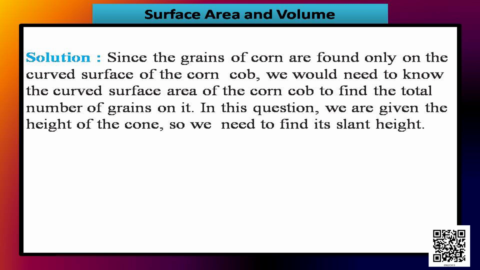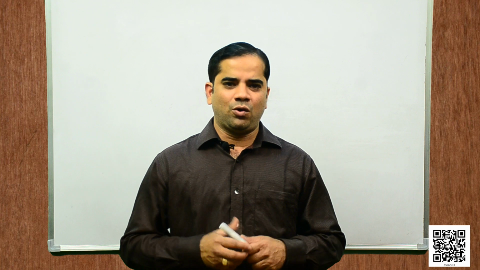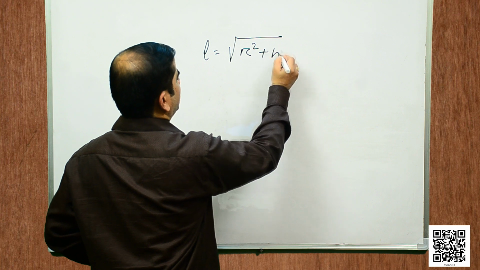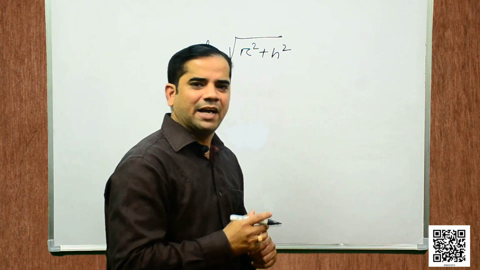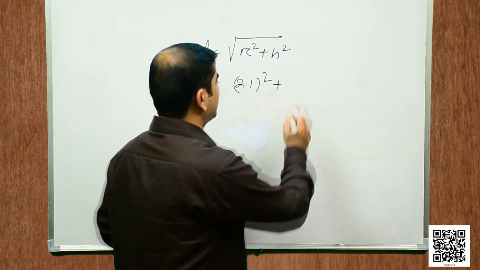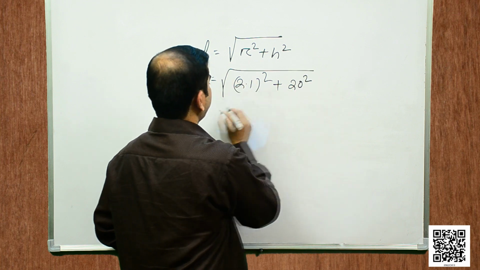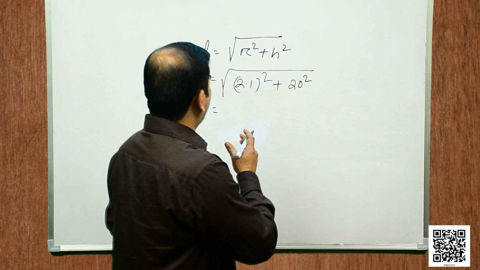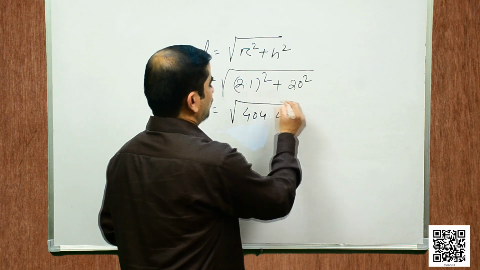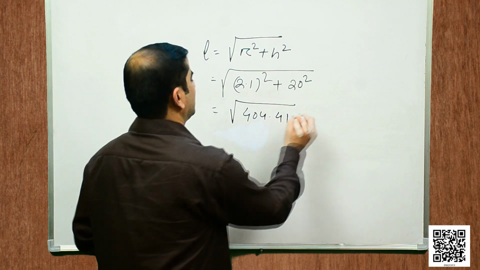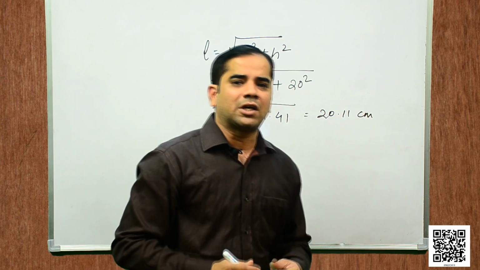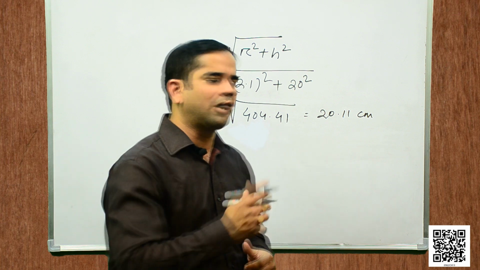So, students, as we know, slant height L is equal to square root of r square plus h square. r is given as 2.1 centimeter, so 2.1 square plus height of 20 centimeter, so 20 square. When we calculate, it will be 404.41. Square root of 404.41 is 20.11 centimeter.